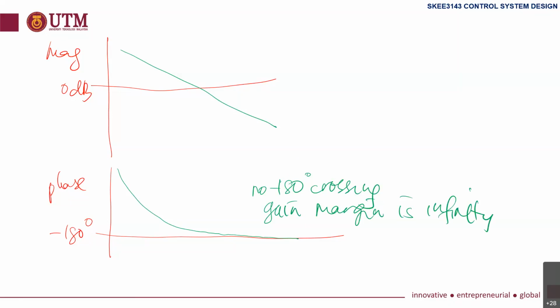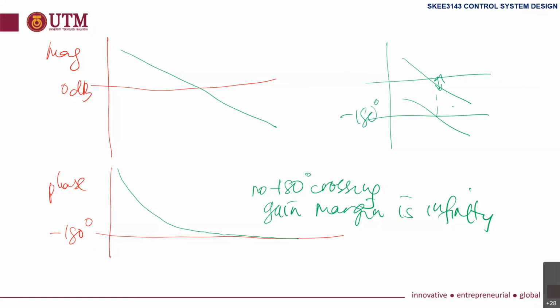If you see a system like this, in which it did not cross 180 degrees, the gain margin is very big, infinity, and the system is always stable. Usually gain margin is this.